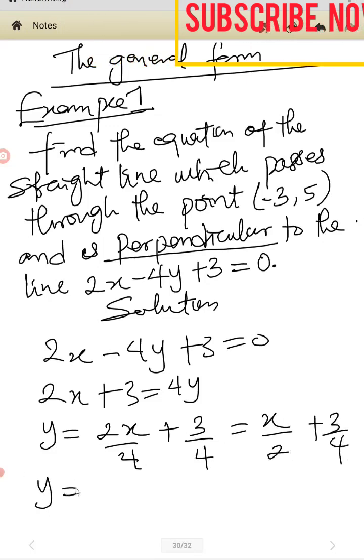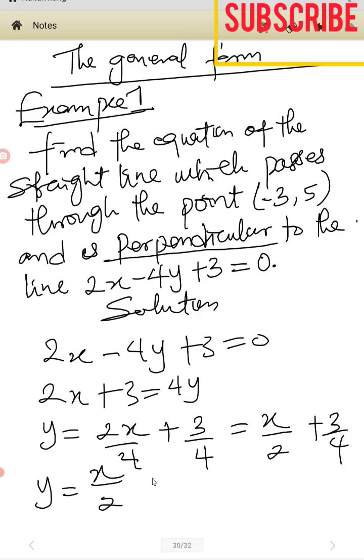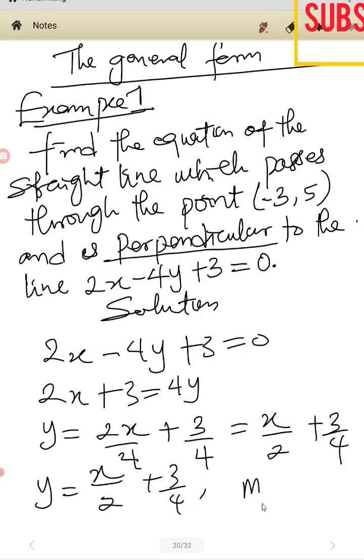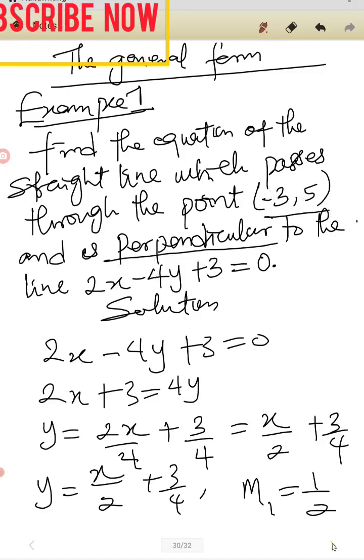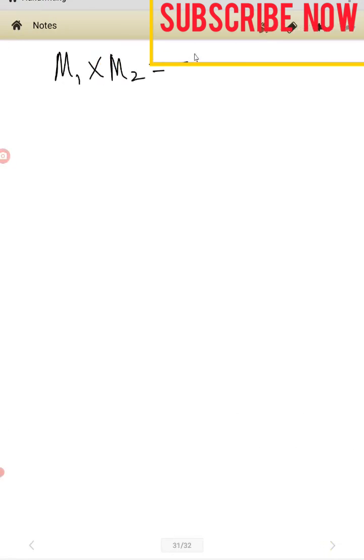If our y is equal to x over 2 plus 3 over 4, meaning that our m1 is equal to 1 over 2. But there is a question here. It says the line is perpendicular to this line. I've talked about perpendicularity and parallelism: m1 times m2 must be minus 1.